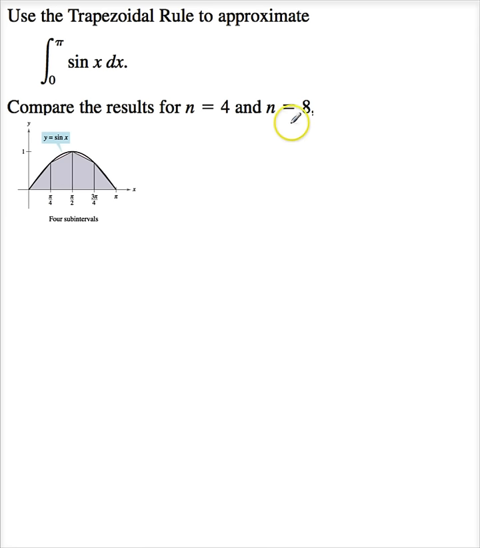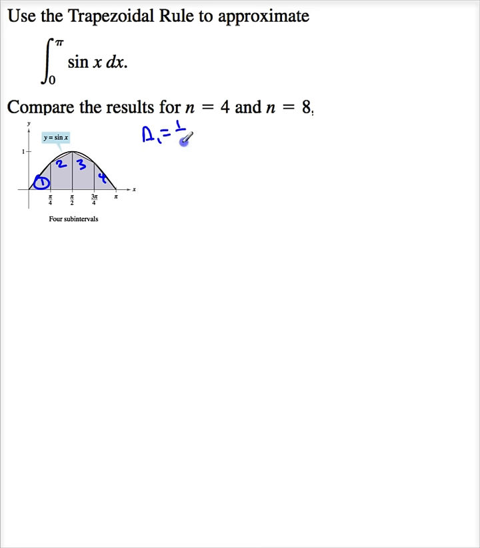Now, let's use the trapezoid rule to approximate the integral from 0 to pi of sine of x dx. Well, let's just do it breaking it into 4 different trapezoids instead of trying to use a formula. Let's call this area 1, 2, 3, and 4. So what is the area of the first trapezoid?